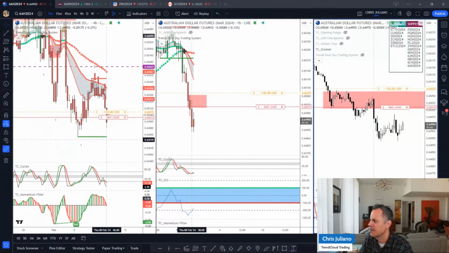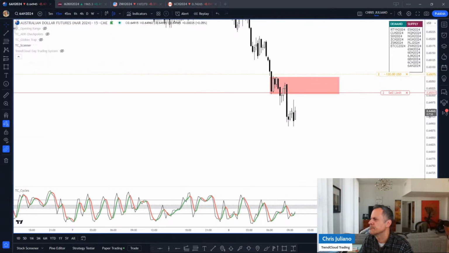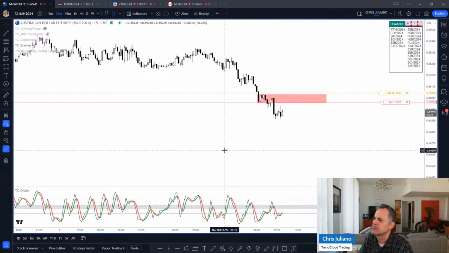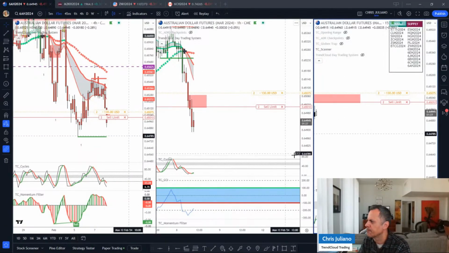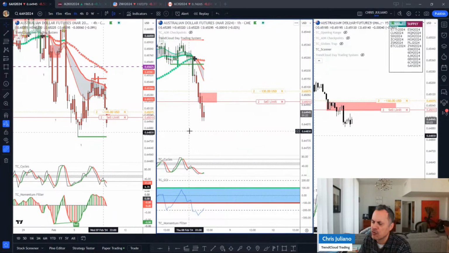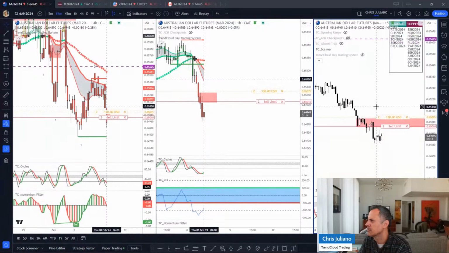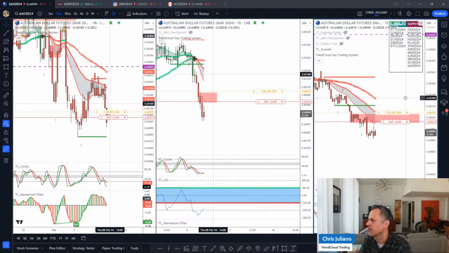It's really just a consolidation area. We don't know which one's going to work, but we definitely know how to trade what we see. If this fails and it wants to go deeper, we've got a couple of zones here. We've got this right here.